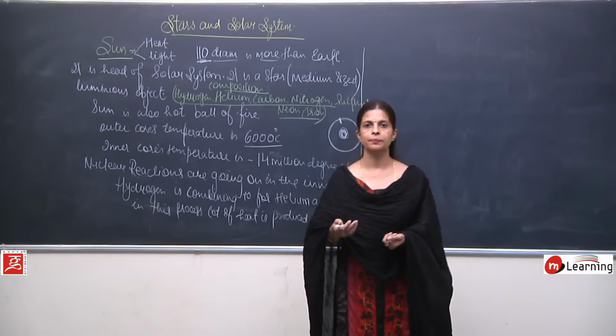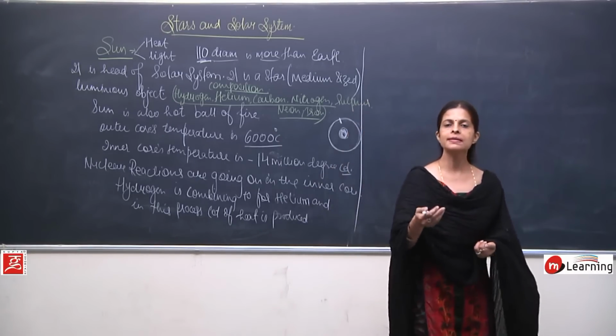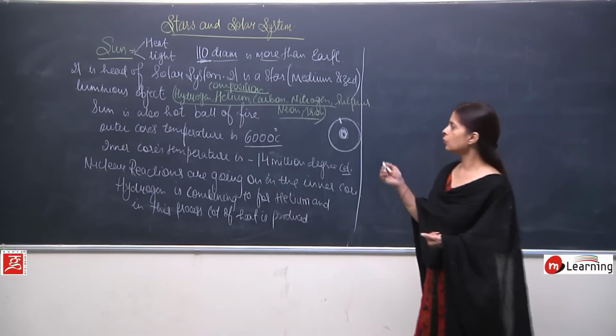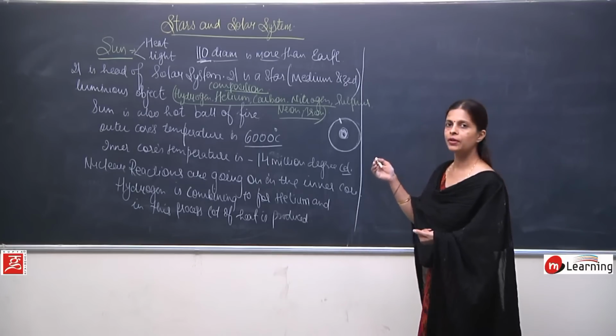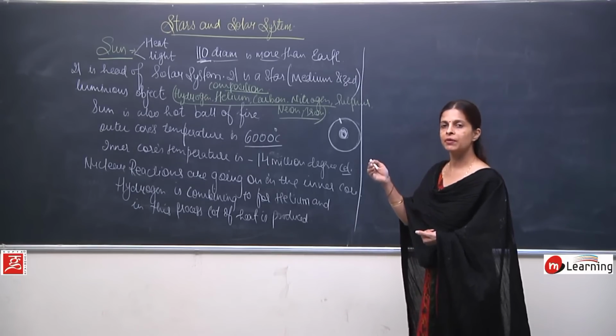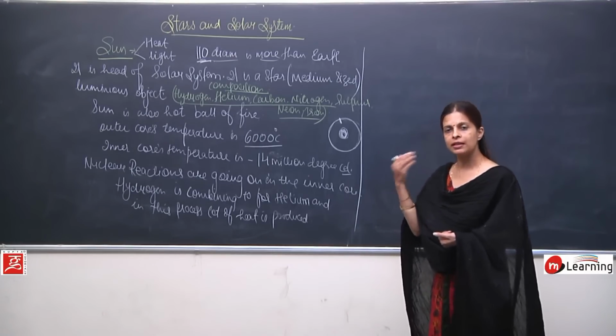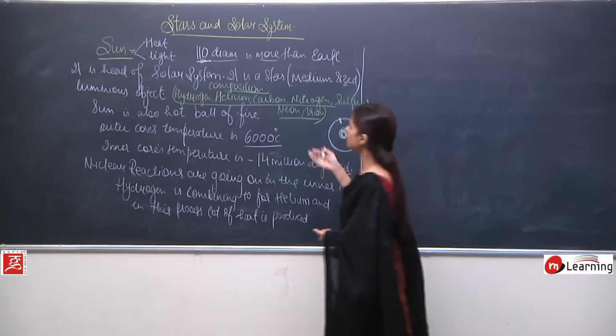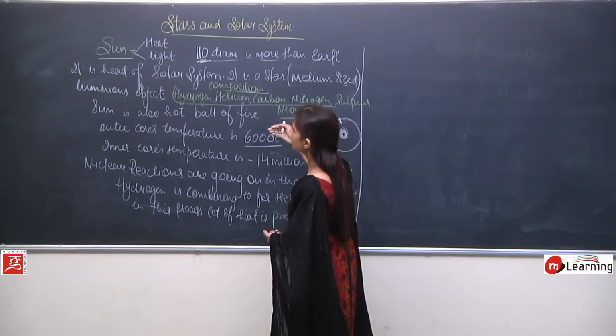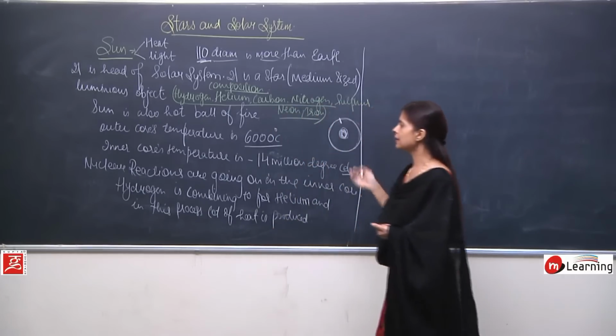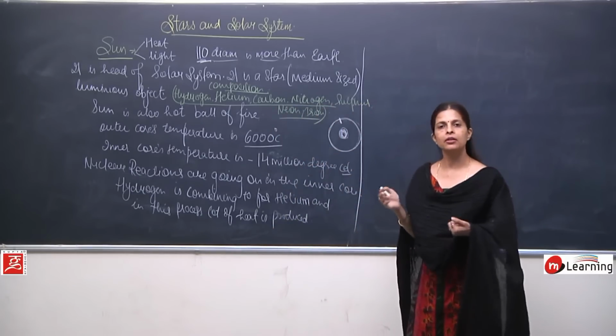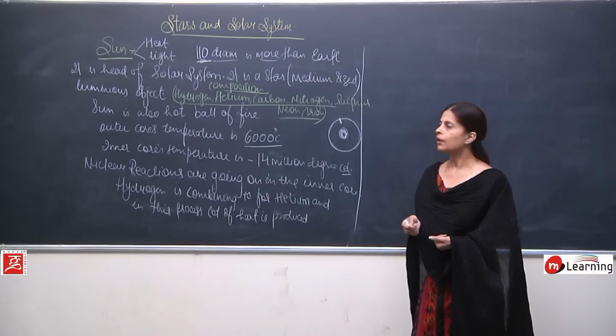Because of the distance. The distance between the Earth and those stars is quite more, and the distance between the sun and the Earth is less, and that is the reason the sun looks so huge.